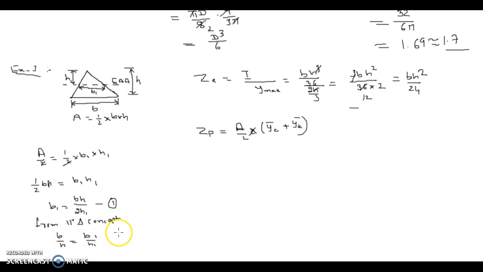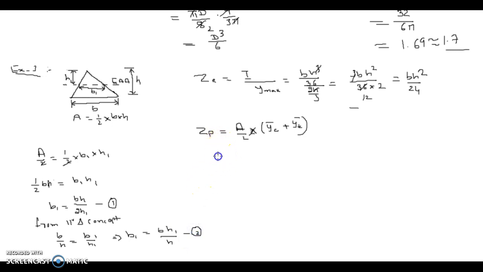So therefore B1 is equal to BH1 divided by H. Let's call this expression 2.